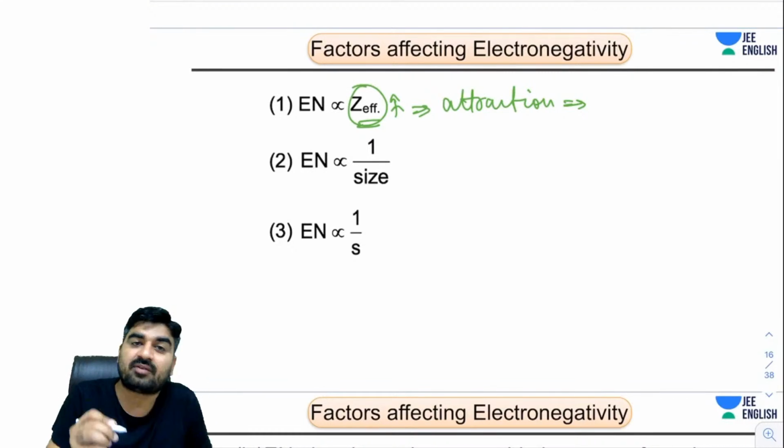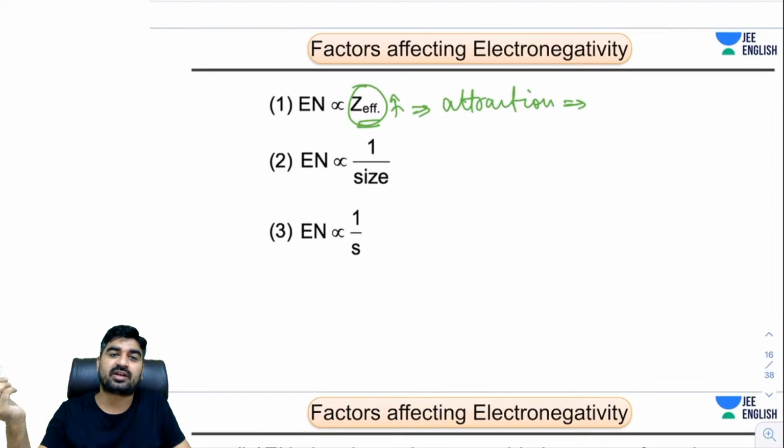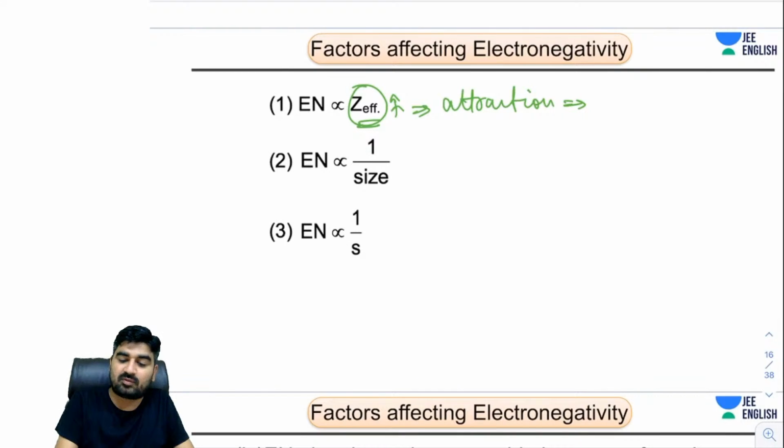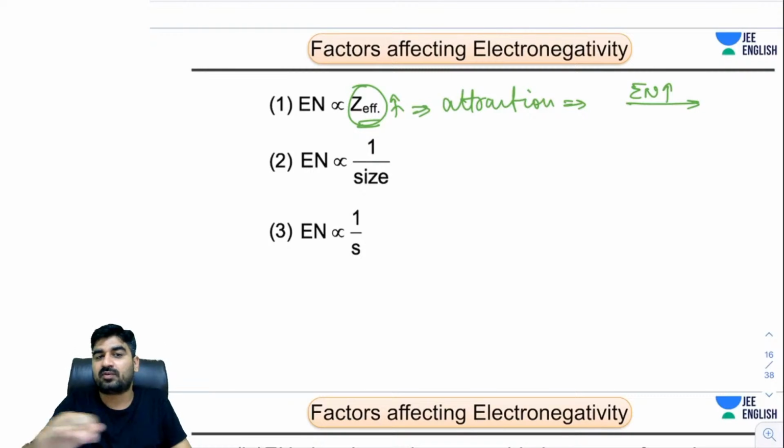So as Z effective increases, electronegativity increases. So when we move left to right, electronegativity will increase, because while moving left to right, Z effective increases. Z effective simply represents force of attraction. I hope you got my point.